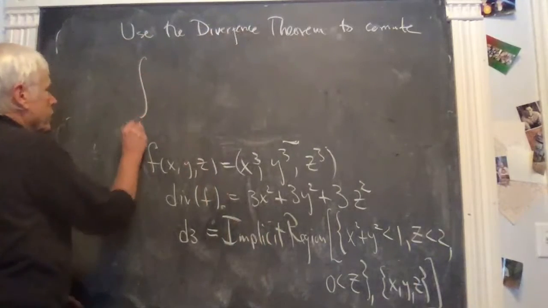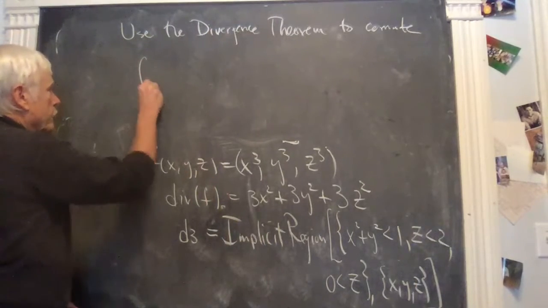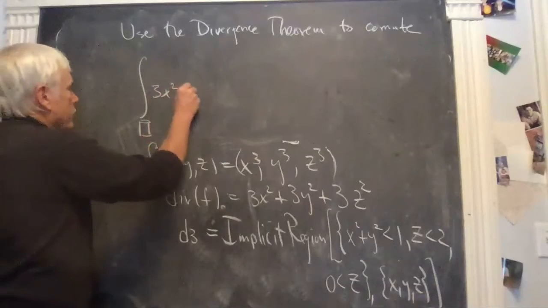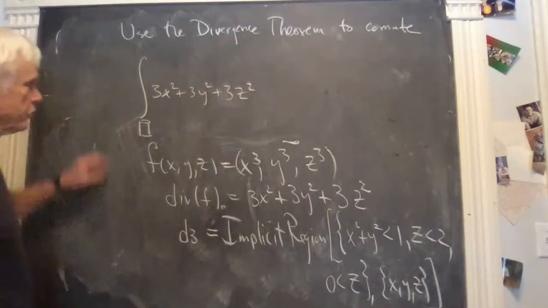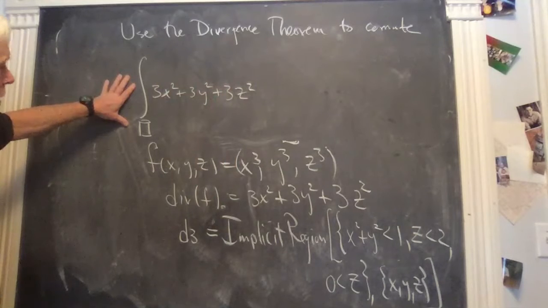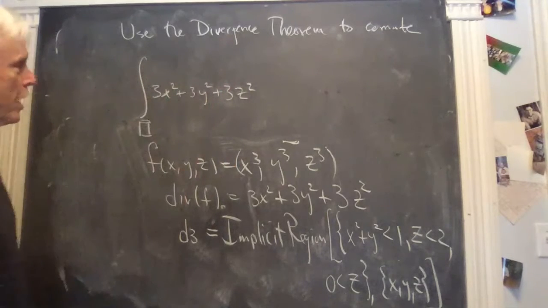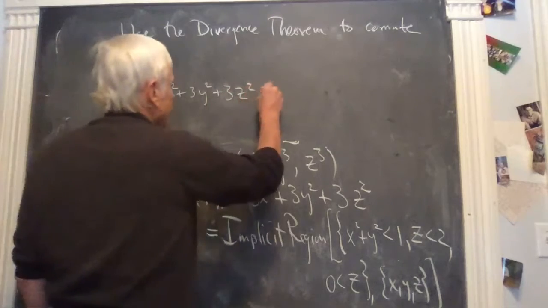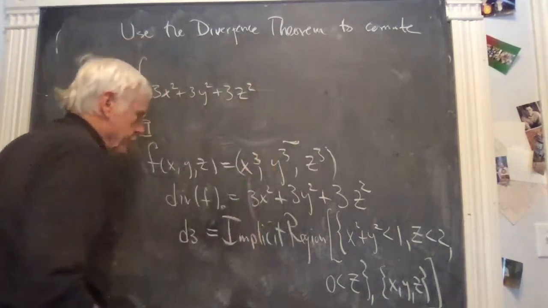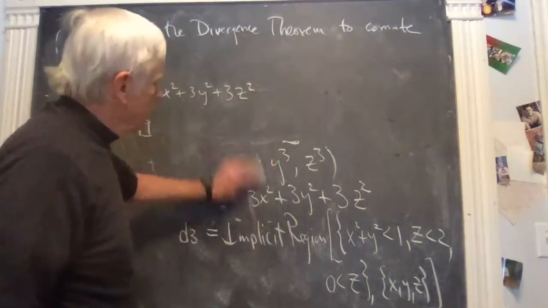So we want to compute the divergence, 3x squared plus 3y squared plus 3z squared, over this region. This is a simple integral of a given real valued function. I would implement this with Mathematica.